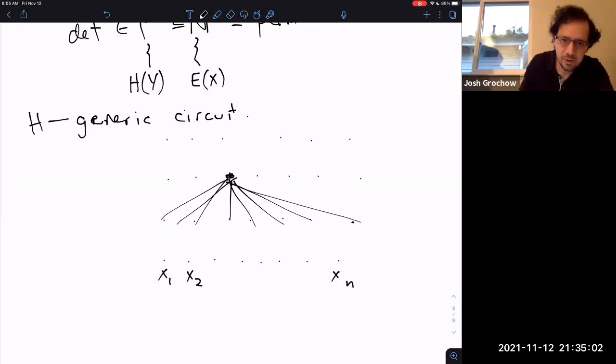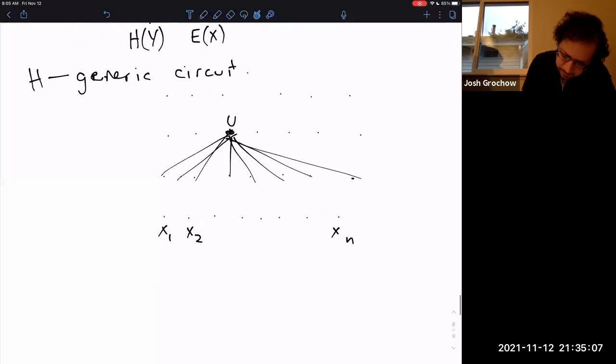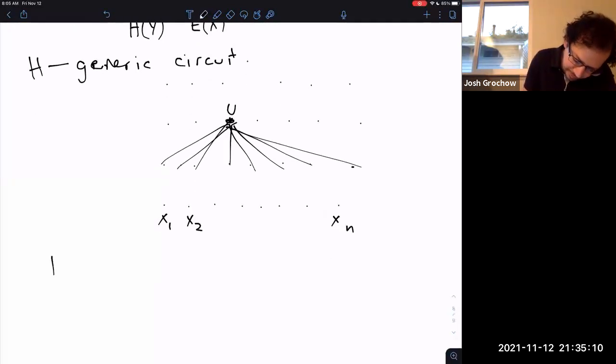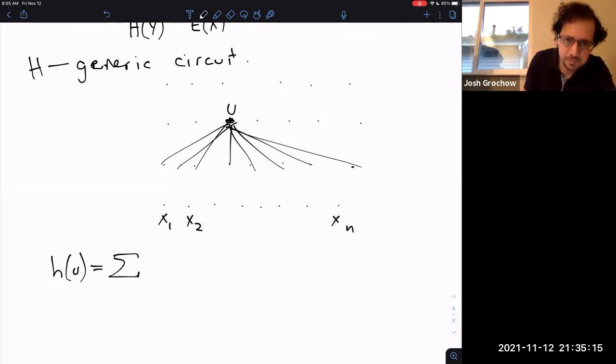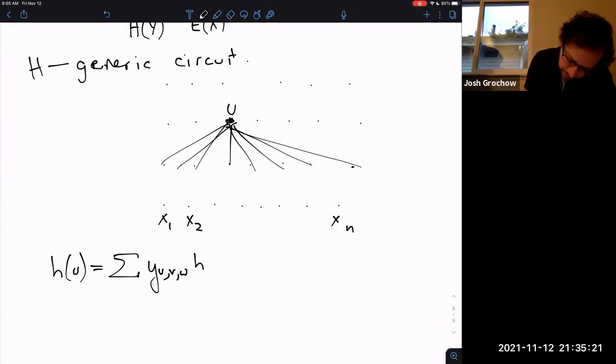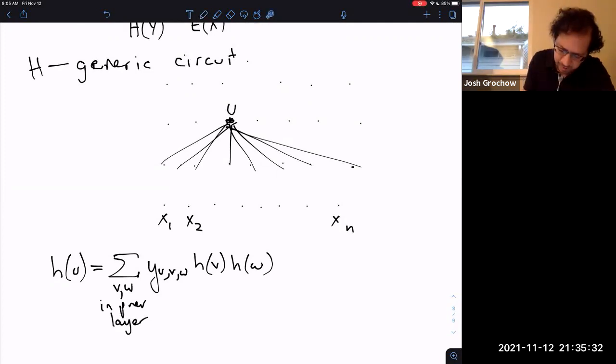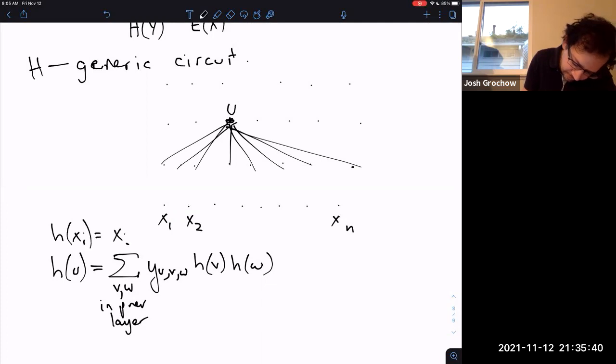If I have a node u, then at node u the function little h of u will be the sum over v, w in the previous layer of y_{u,v,w} times h of v times h of w. At the bottom layer, h of xi is just xi.